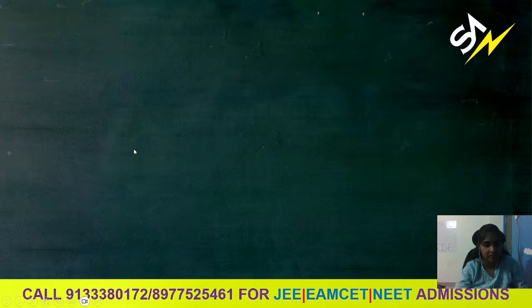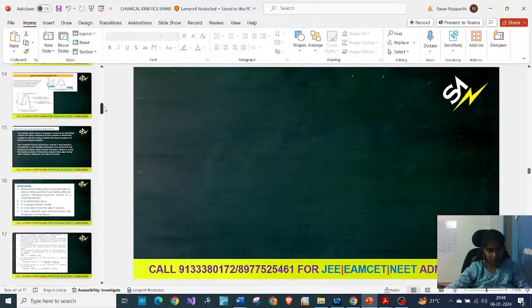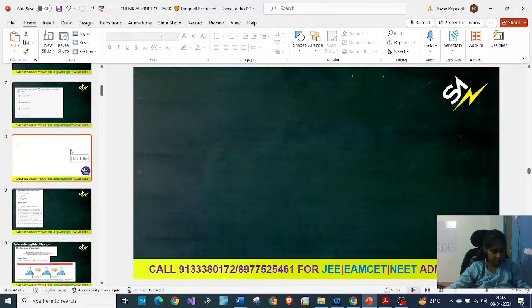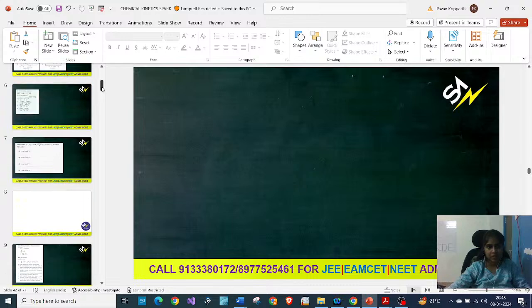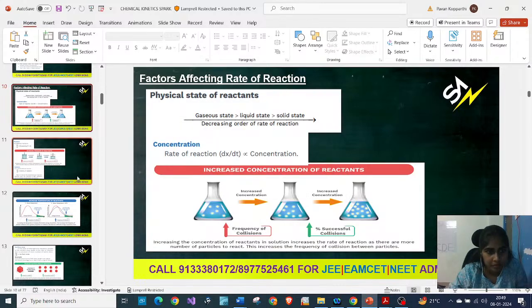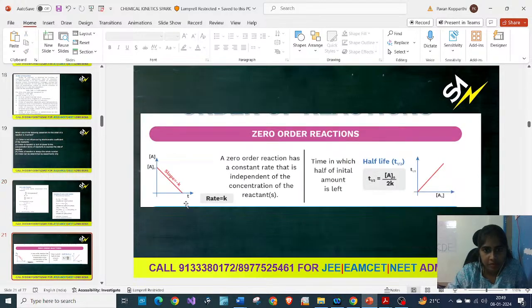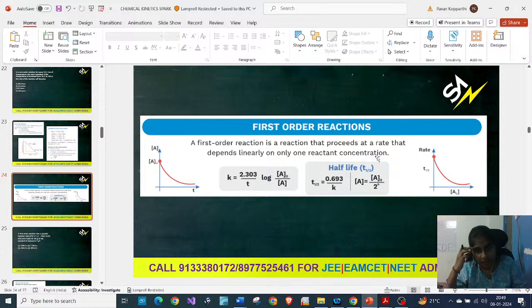See, if we go to the concept of first order reactions, this is the equations regarding rate constant of first order reaction and half-life period of first order reaction.